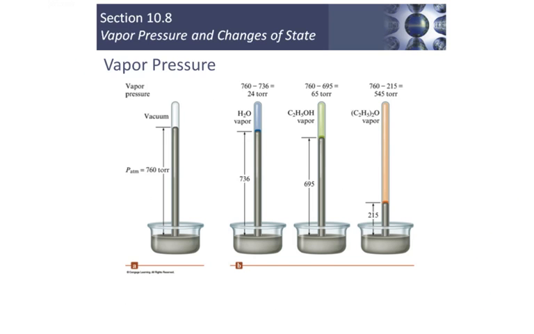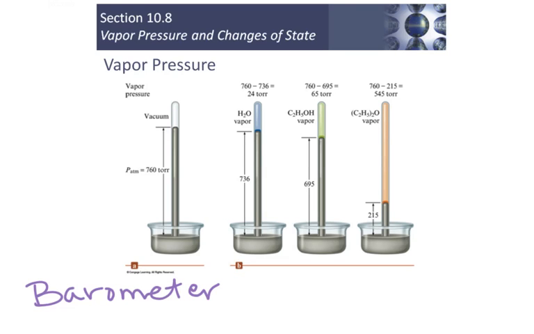All right, so here we have an old-fashioned barometer. The silver colored stuff, that's mercury. So this is how they used to find vapor pressure and barometric pressure. So looking at this first one, we have just mercury in a tube. It was inverted into a little dish that had more mercury.